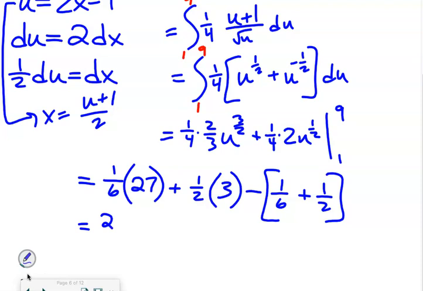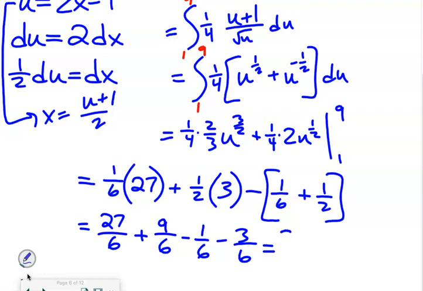Yes, you can, but we're going to simplify, just because we also can. All right, so 27/6 plus 9/6 minus 1/6 minus 3/6 equals 32 over 6, or 16.